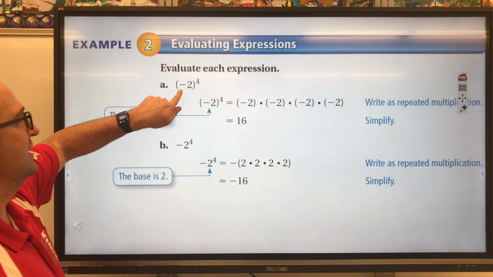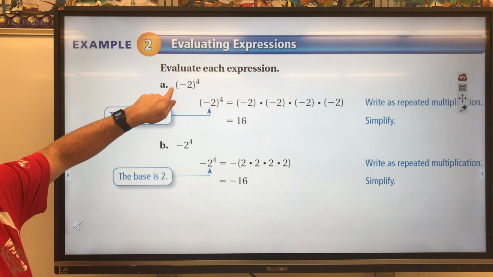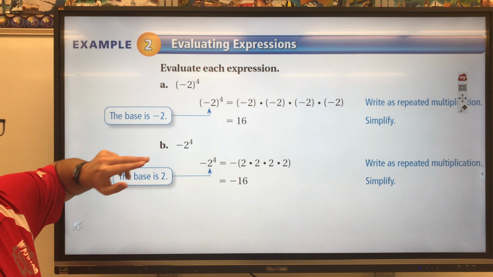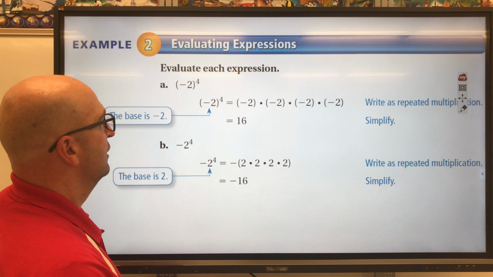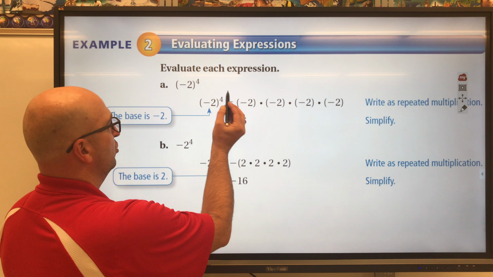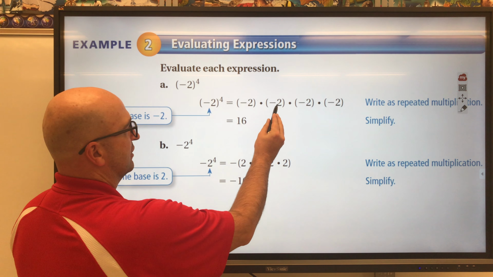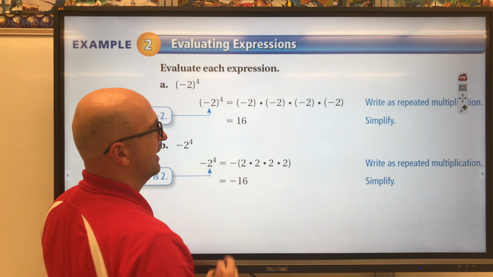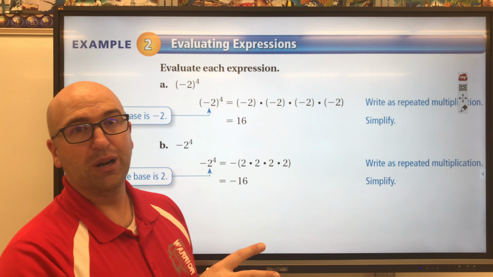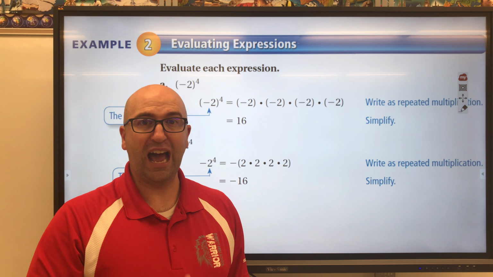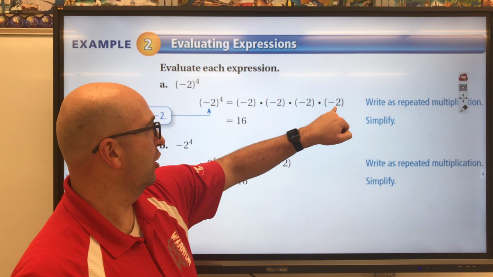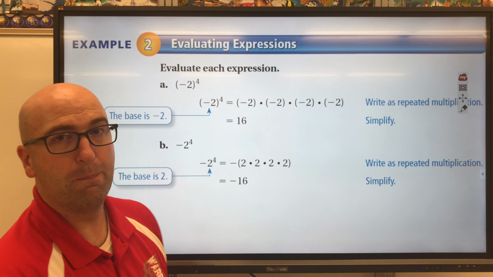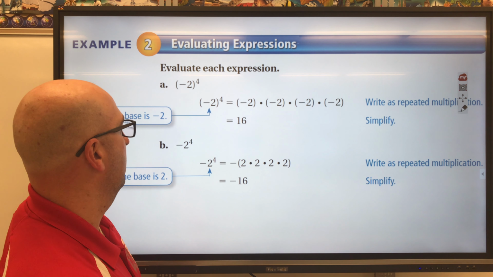And it's important that we see that negative sign inside of the parentheses, because that indicates that my base is -2 and not a +2. So that means that I have negative 2 4 times. Negative 2 times negative 2 times negative 2 times negative 2. I'll show you in a bit how to put this into Desmos calculator. But for right now, negative 2 multiplied by itself 4 times gives us a positive 16.